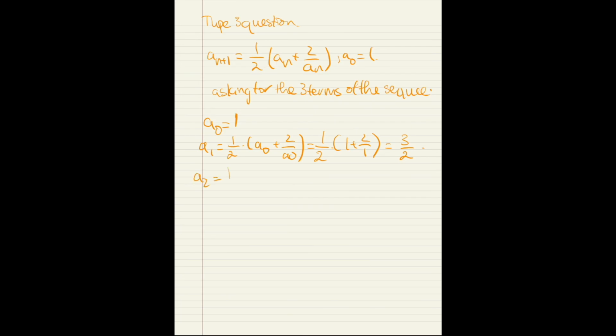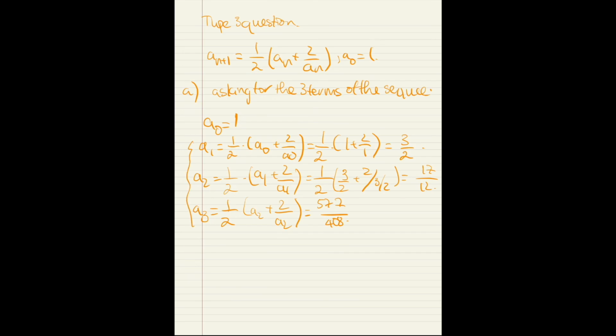A of 2 equals 1/2 times a of 1 plus 2 over a of 1, equal to 1/2 times 3 over 2 plus 2 over 3 over 2, which is 17 over 12. Then you do the same thing for a3, which is 1/2 times a of 2 plus 2 over a of 2, which you are going to have is 577 over 408. Okay, and these are the first three terms.